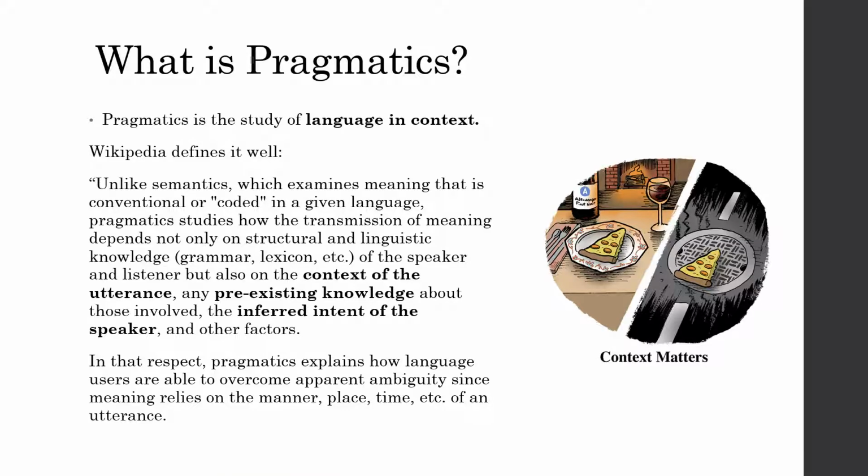Pragmatics is the study of language in context, and Wikipedia defines it. I like the fact that the Wikipedia definition gives you a difference between what semantics is and what pragmatics is. In semantics you study the connotations of language. Well, connotations are somewhat predictable within the language itself. However, there's nothing predictable about the context of pragmatics.